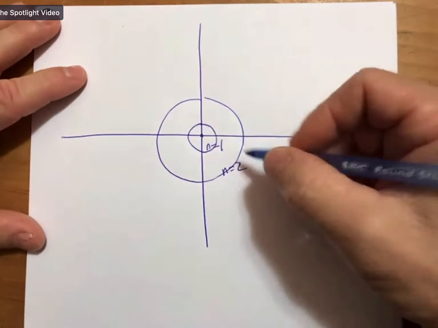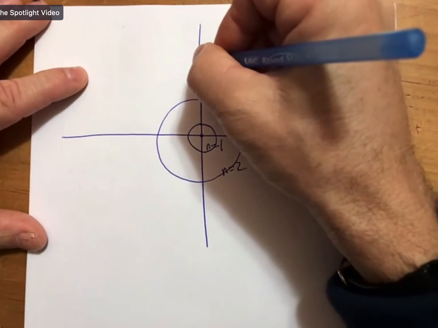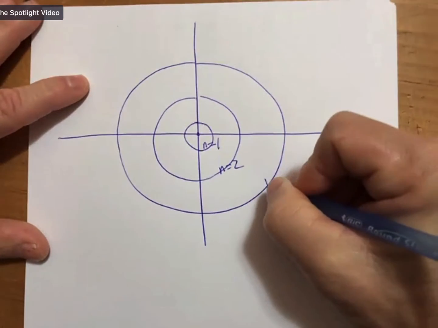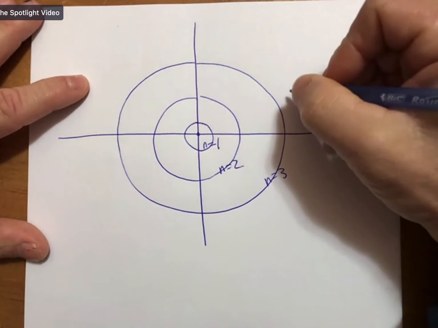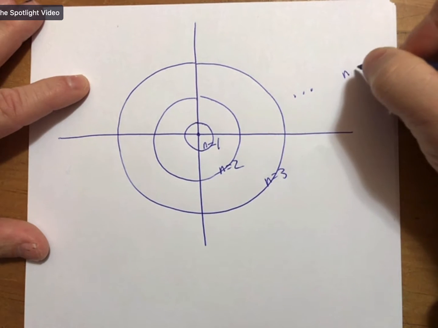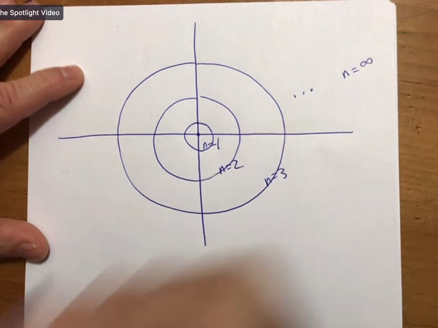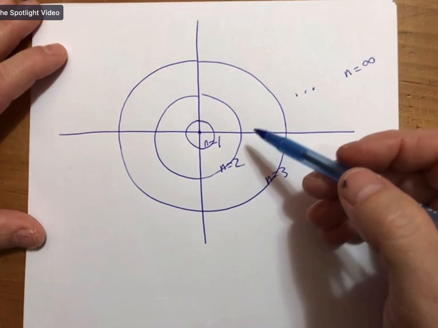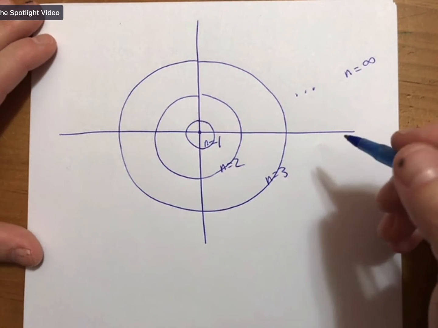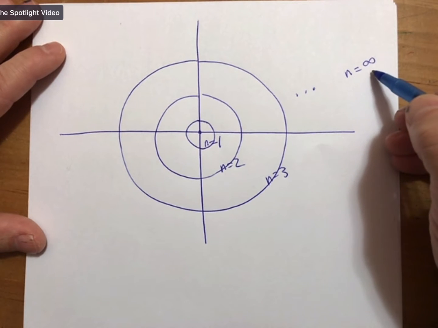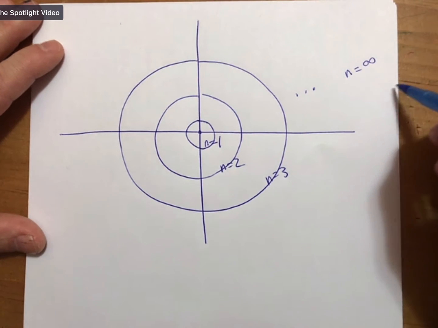There's n equals 1, n equals 2, n equals 3, and I'm going to put dot, dot, dot here all the way out to n equals infinity. So there are quite literally, and I don't use that term lightly, an infinite number of n values, and they just keep getting bigger.